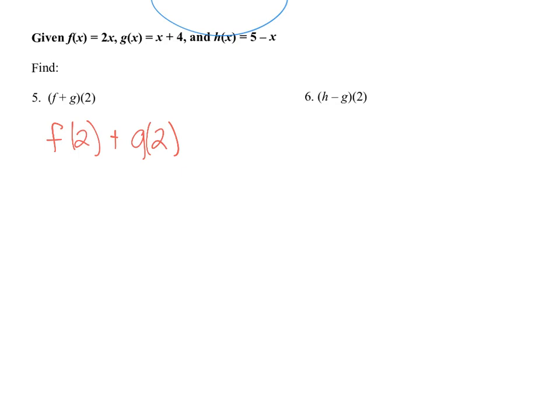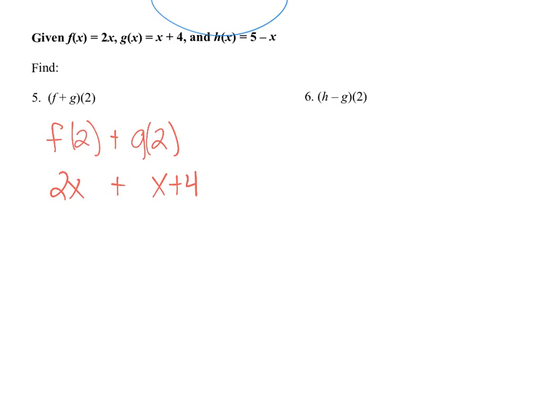What's my f of x? 2x. What's my g of x? Okay, that's what I want you to do first, every time. Write down your functions. Now, what number do you think I'm going to plug in for x? 2.